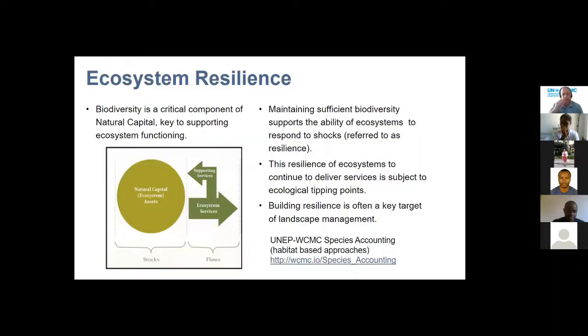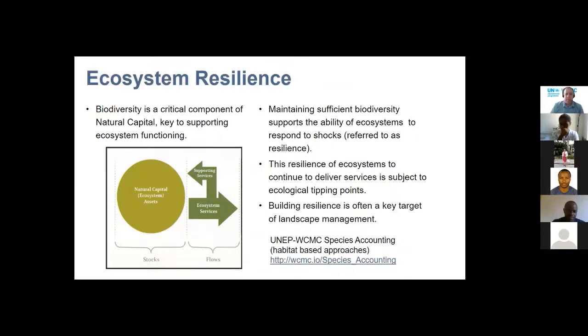One point to touch on that's important in the context of ecosystem condition is this idea of trying to build ecosystem resilience and also resilience in livelihoods that are supported by ecosystem services. And this has become quite an important theme in landscape management plans and initiatives.